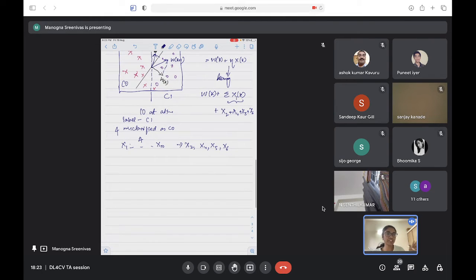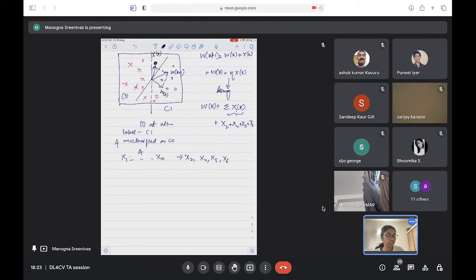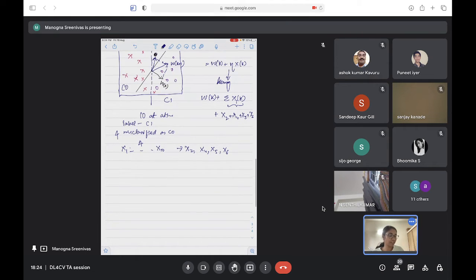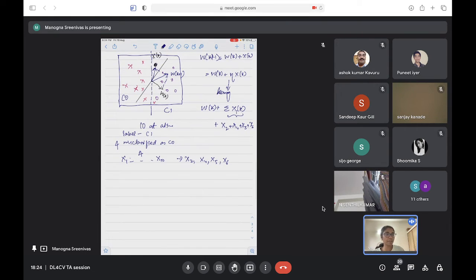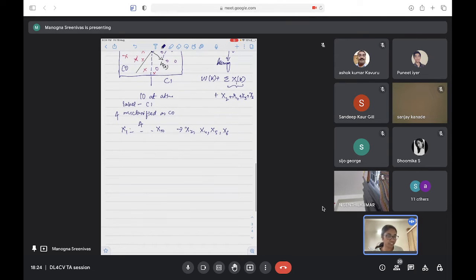What happens when the data is not linearly separable is this line keeps toggling, hovering around some weight, because at every instant it will try to correct one sample and it will misclassify something else, so it will never be able to classify them, right? Because if a line does not exist that can separate both of them, whatever you do, a linear function can never separate it. So we can't always use linear classifiers.